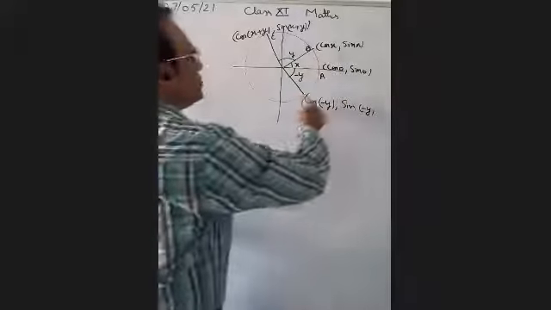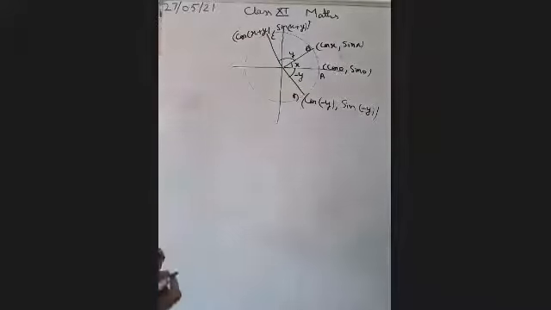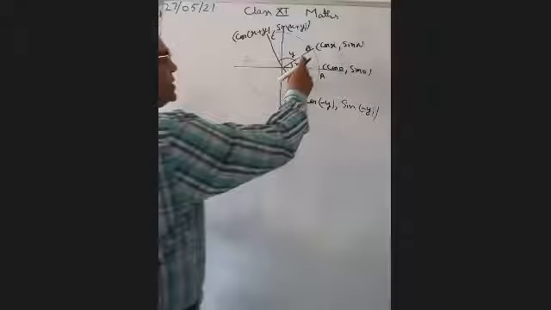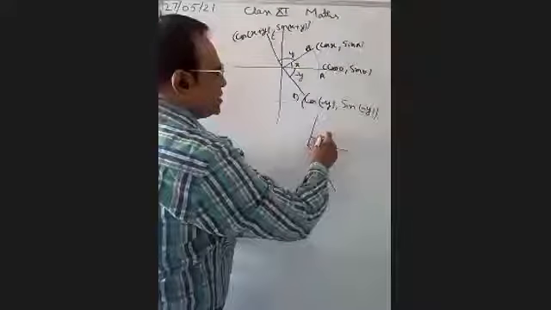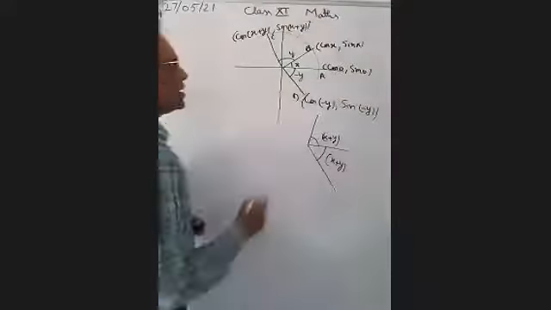Now why we have taken this, you will come to know after proving the formula. We have this x y, this is also x y, but the direction is opposite. The magnitude is also y, but the direction is opposite of the y angle.